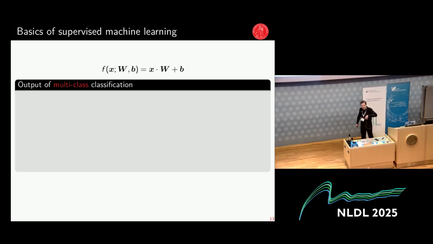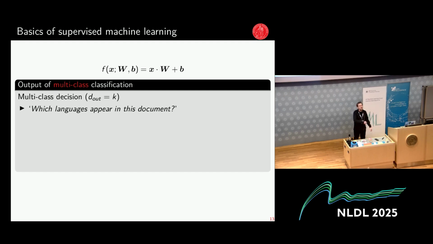Sometimes we want multi-class classification, and this is all sort of leading us to language models, in fact. Sometimes we need a multi-class classification where we have more than 2 classes, not just spam, not spam, but for example, spam, not spam, and maybe spam. In this case, we can, for example, solve a task like which languages appear in this document. So what languages are there?